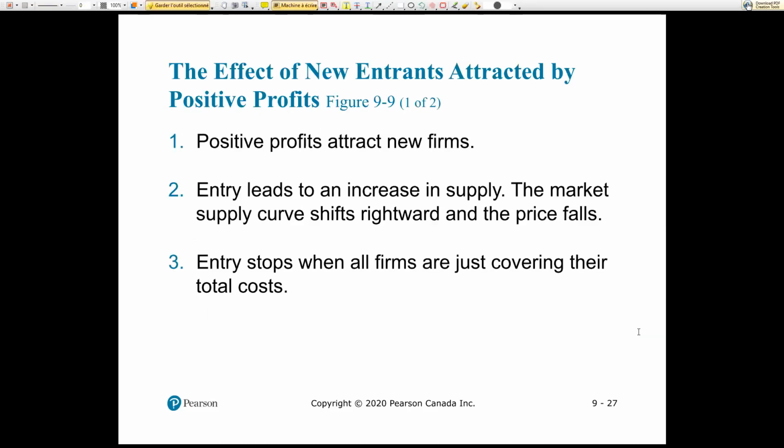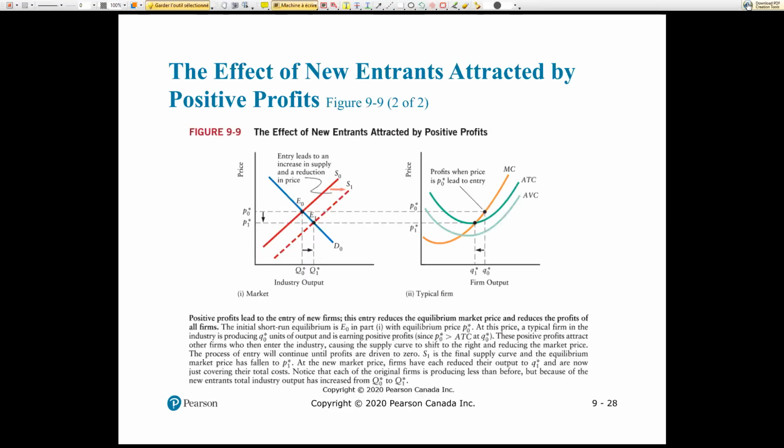All right. So this is just what I just said. What happens if the price is above average total cost? In that case, P0 would be too high.